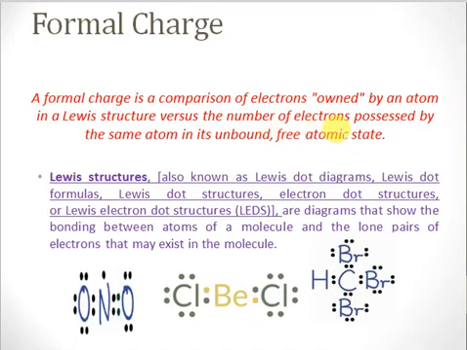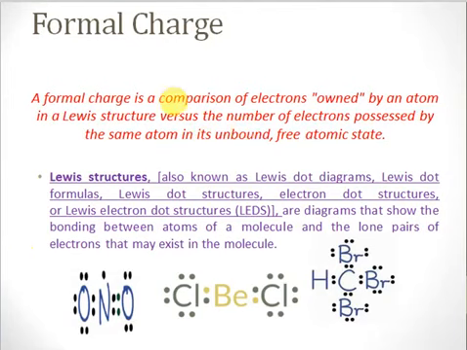For example, suppose we have an oxygen atom in the free state, and then the oxygen atom in a combined state, in the form of a molecule, so you can draw the Lewis structure. Consider this example: we know that oxygen has 6 electrons in the outermost shell.